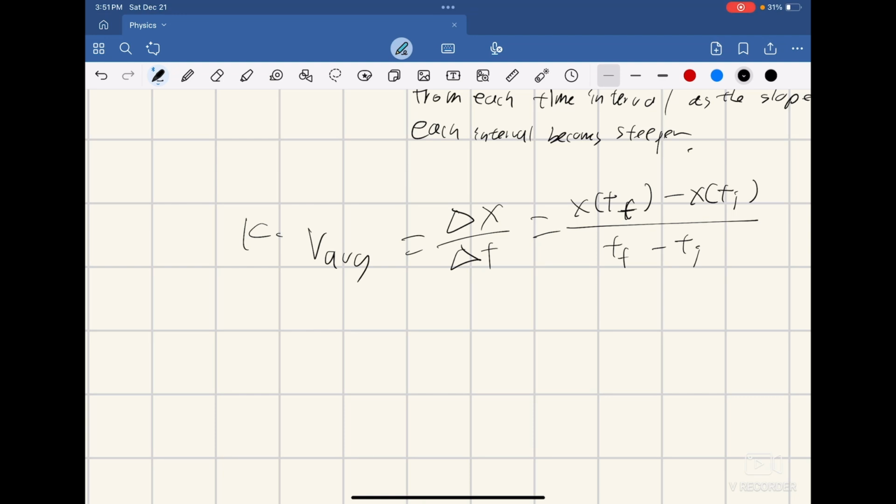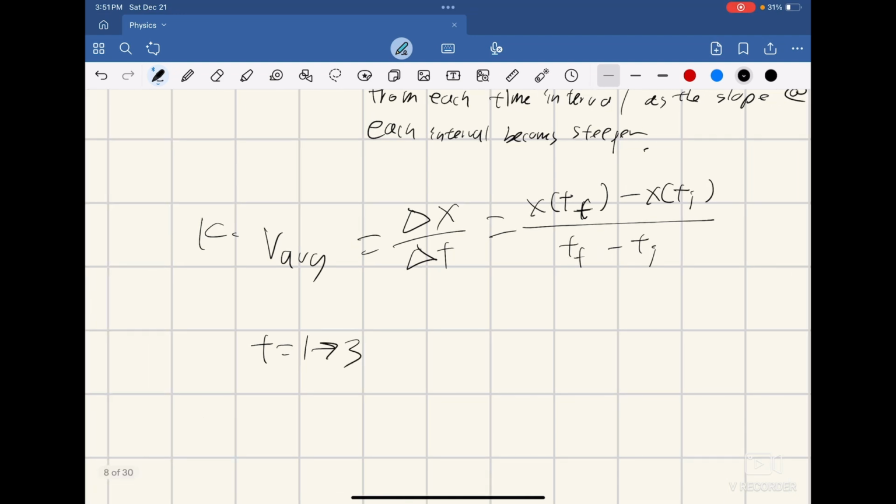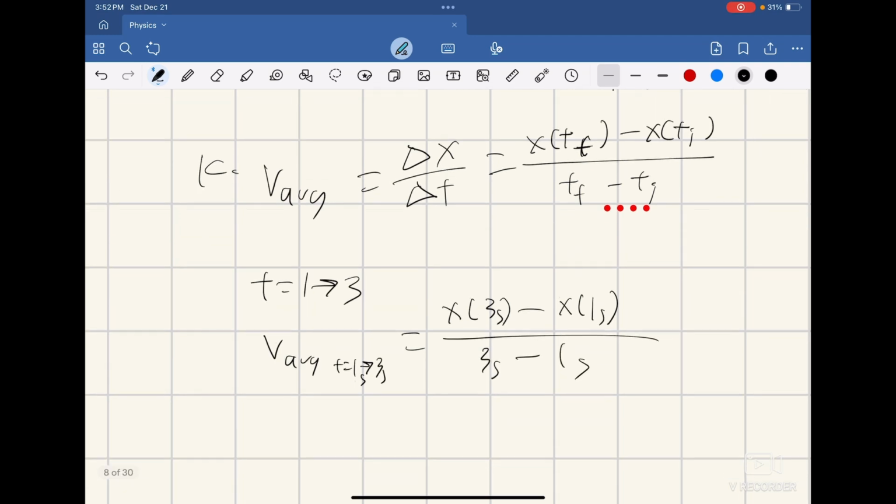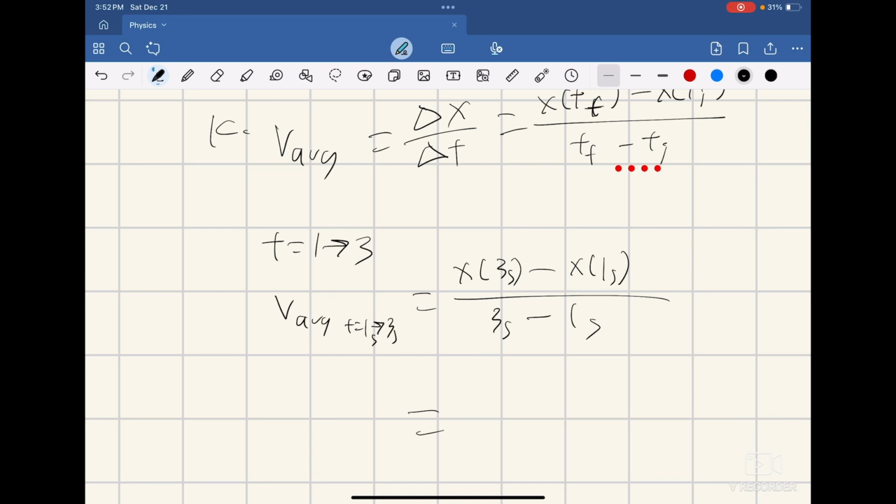And since we're trying to find the average velocity between t equals 1 to 3, v average from t equals 1 to 3 will be given by x at 3 seconds minus x at 1 second, over 3 seconds minus 1 second. And I still have the formula in my graphing calculator, so I'm just going to use that.